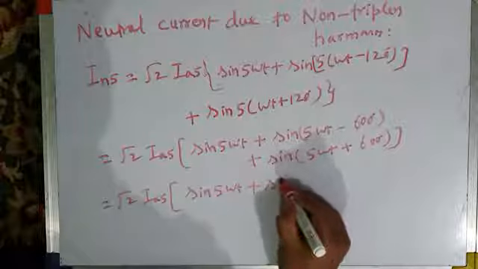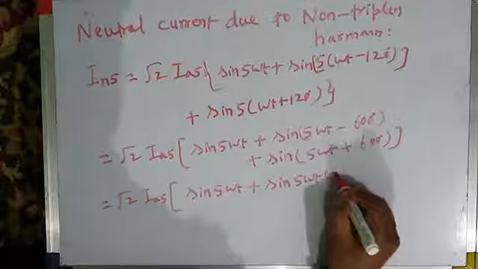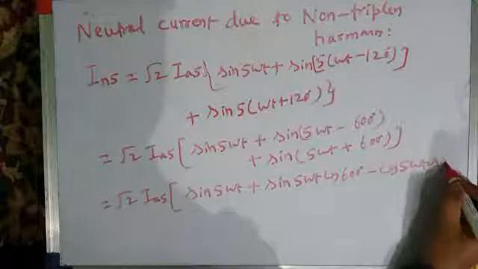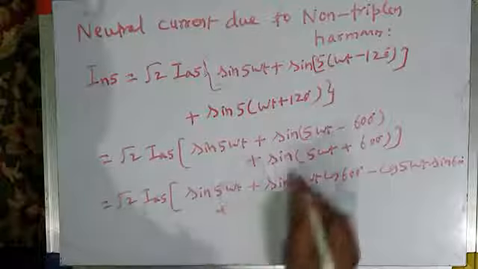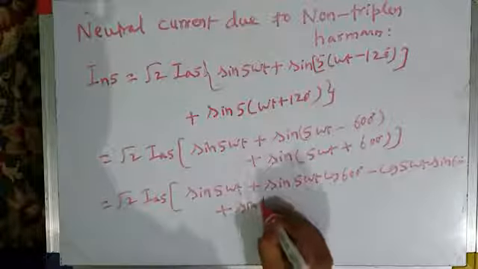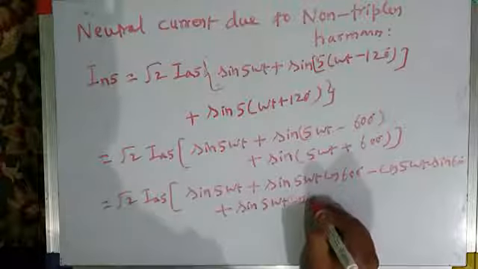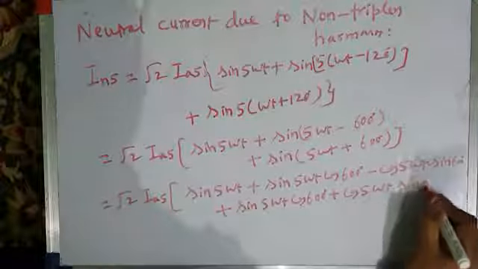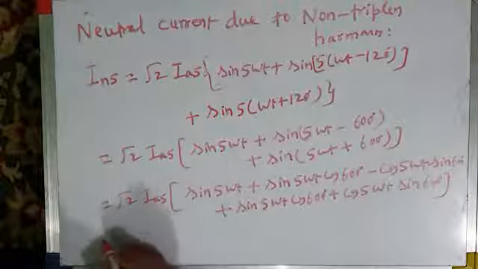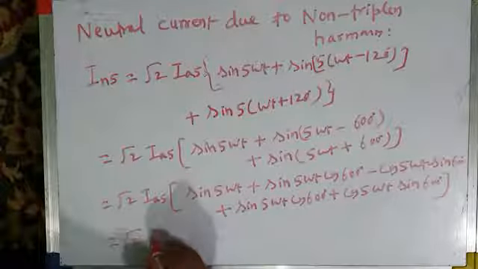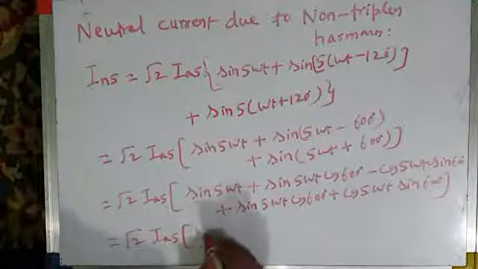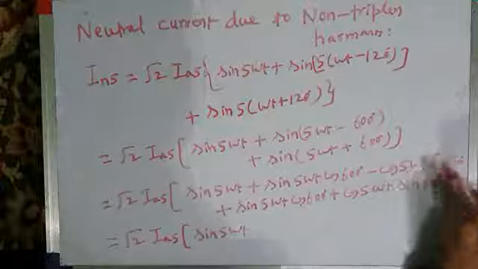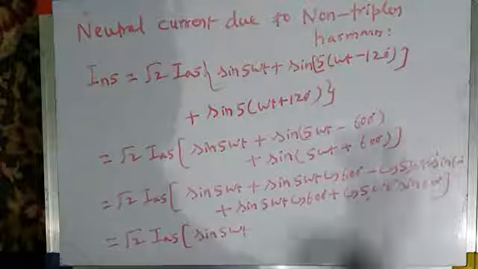Expanding, sine of A minus B is sine A cos B minus cos A sine B, and sine of A plus B is sine A cos B plus cos A sine B. So this can be written as root 2 IA5 times sine 5 omega t, minus cos 5 omega t sine 600 degrees, plus cos 5 omega t sine 600 degrees.